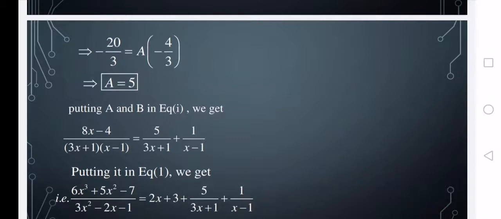Now putting the value of A and B in equation number 1, we just get 8x minus 4 by 3x plus 1 into x minus 1 is equal to 5 divided by 3x plus 1 plus 1 divided by x minus 1.